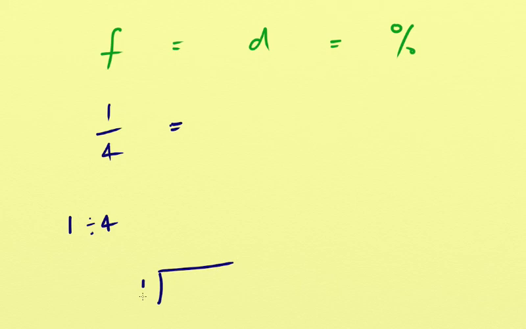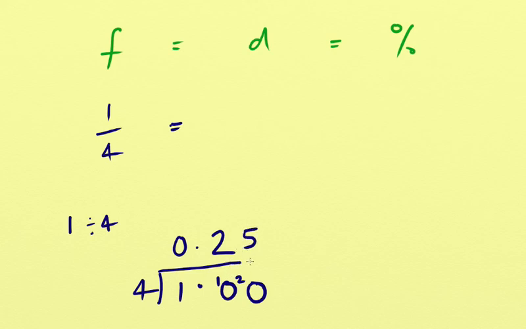Writing that out just here, like this, is how many 4's go into 1? Well, they don't. So we're going to carry the 1. How many 4's in 10? 2. And that makes 8. So we've got 2 left over, so we're going to carry that to the next 0. How many 4's in 20? That's 5, with none left over. So the decimal answer of a quarter, 1 over 4, is 0.25.